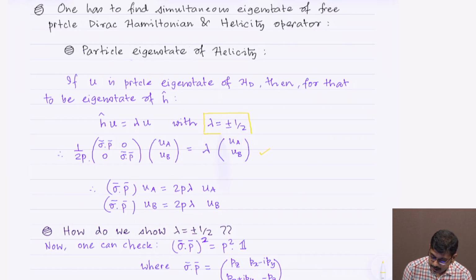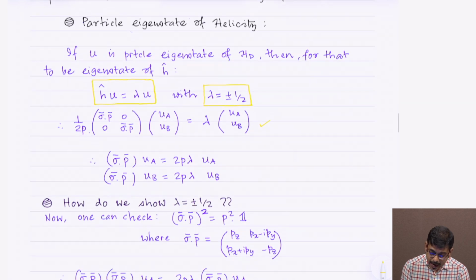equal to plus minus half, when I have this equation as my eigenvalue equation for the helicity operator. So, H acting on U giving you lambda U, where U is the eigenstate and lambda is the eigenvalue, and I want to see if this lambda is really plus minus half. In order to do that, I write U in terms of two component spinors as before, with UA and UB, and H is 1 by 2 mod p times sigma dot p.